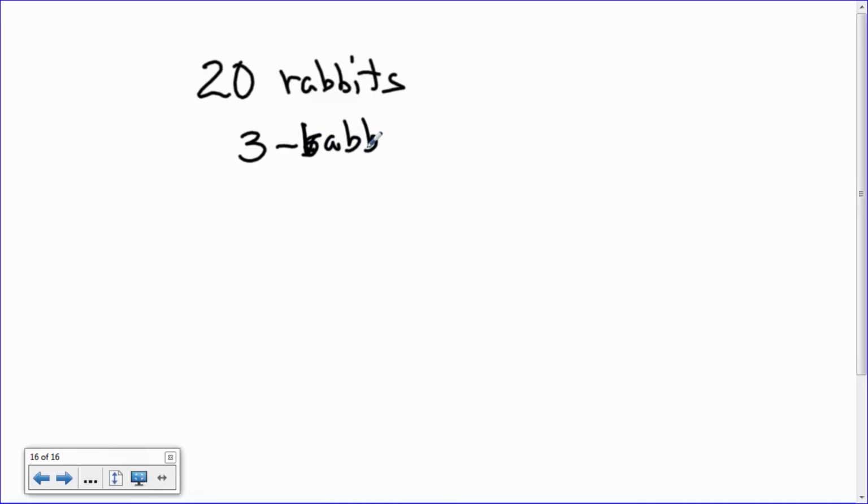So in a quotative division problem, let's suppose you have 20 rabbits at a pet store, and let's suppose the store owner wants to make sure that he or she has enough rabbit cages to hold all the rabbits, and let's suppose rabbit cages are purchased so that they come in sizes of just three rabbit cages.